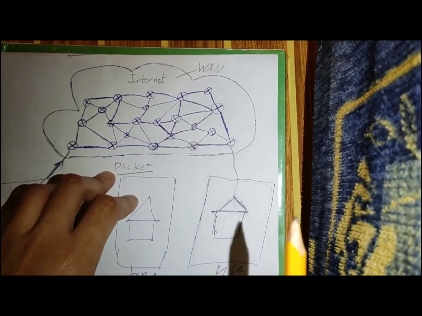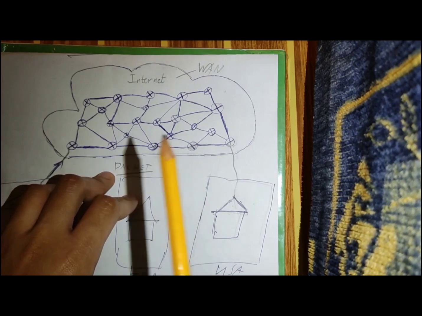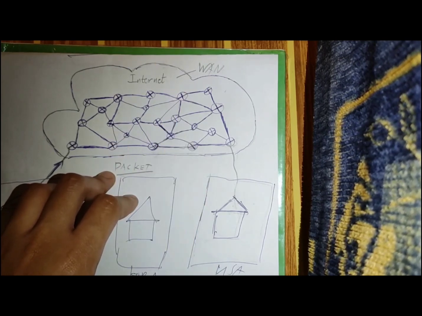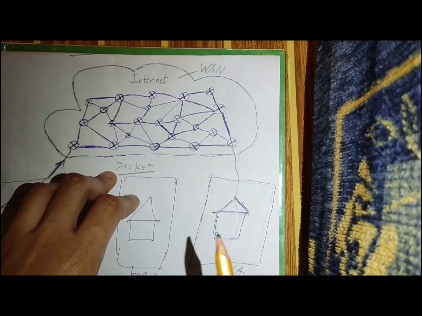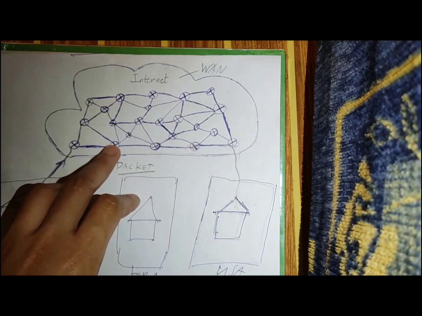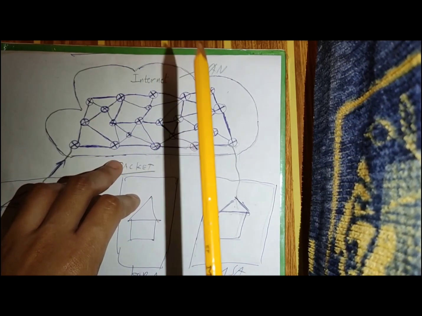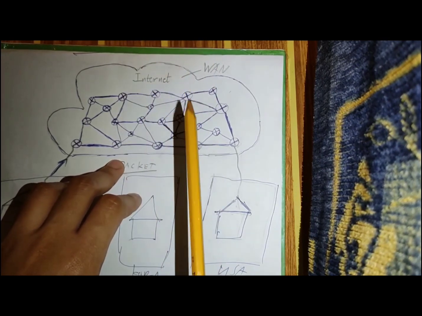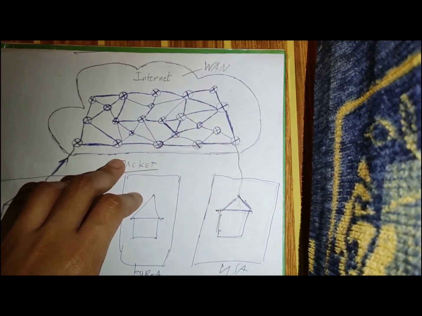Based on our figure, we can give a definition based on our understanding. I can now define that the internet is a network of networks.